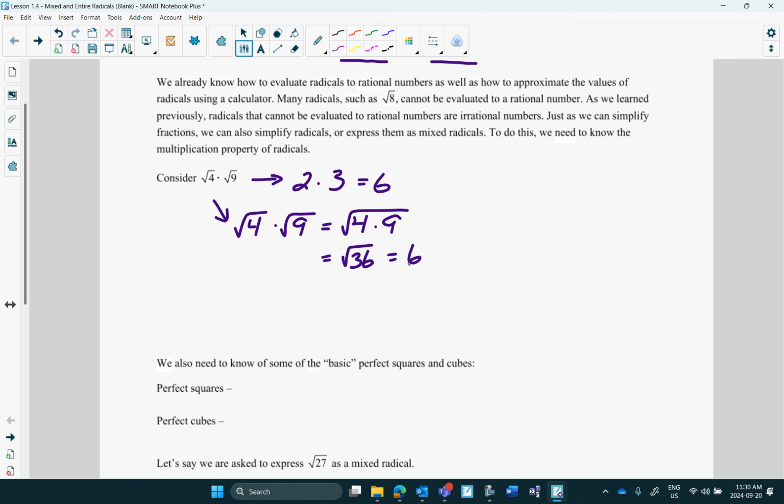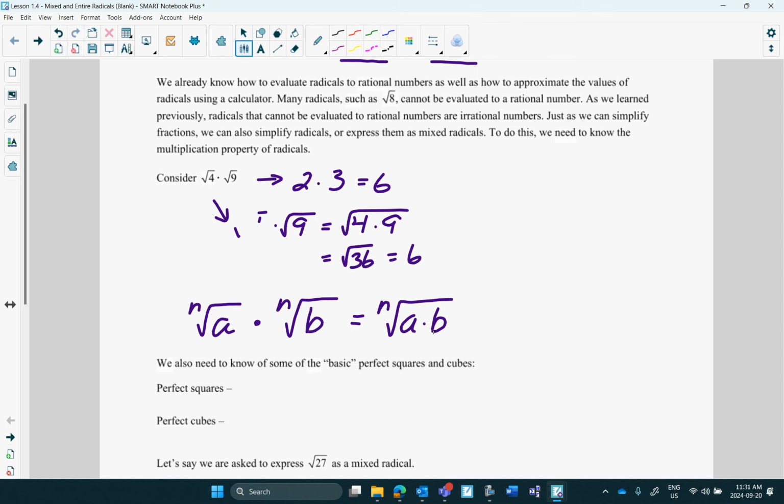So what I want you to know is that whenever you take the nth root of a number and you multiply it by the same root of a different number, or it could even be the same number, that's the same as the nth root of the product of those 2 numbers inside.